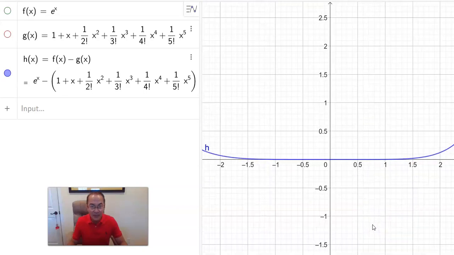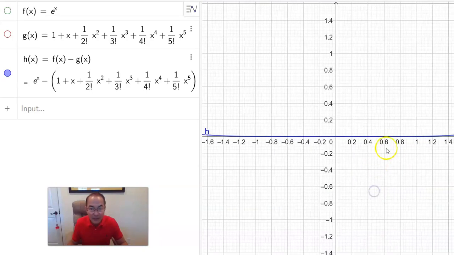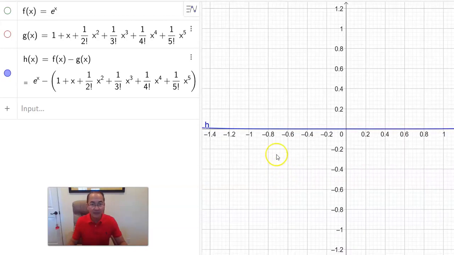You have to zoom in really close to see that, okay, yeah, it's practically 0. Yeah, so it's pretty good. Between these two numbers, the error is practically 0. Okay, so what we want to show then is that as we take more and more terms, this error is going to have limit exactly equal to 0.